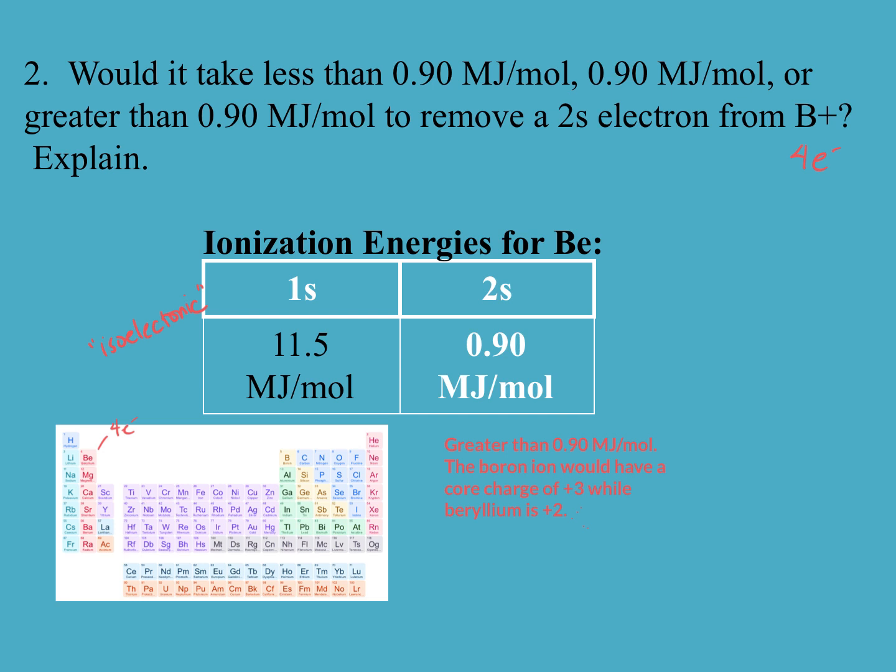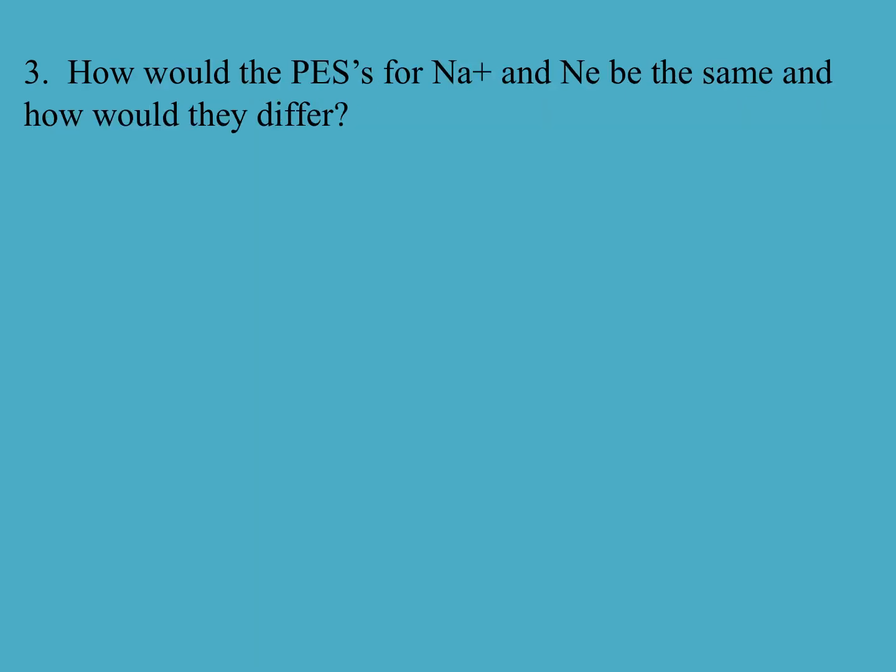So that greater effective nuclear charge, core charge, means that the Coulombic attraction is greater, and it's going to require more than 0.9 megajoule per mole to remove that same electron. Okay? All right. So one more thinking question.